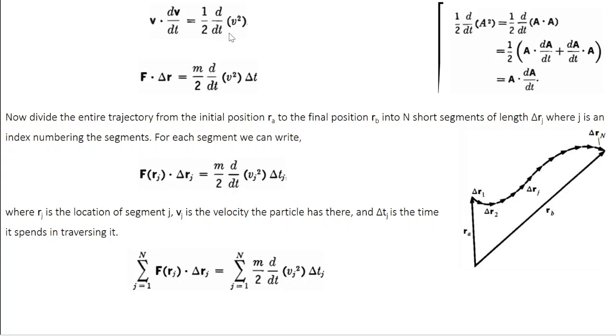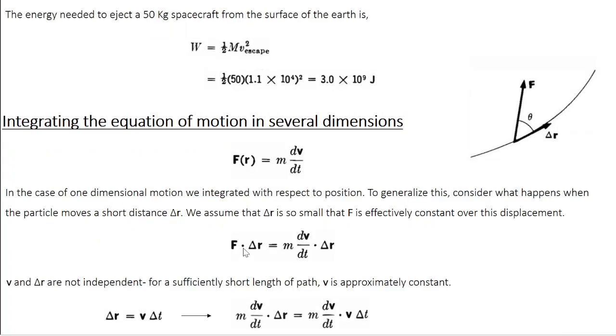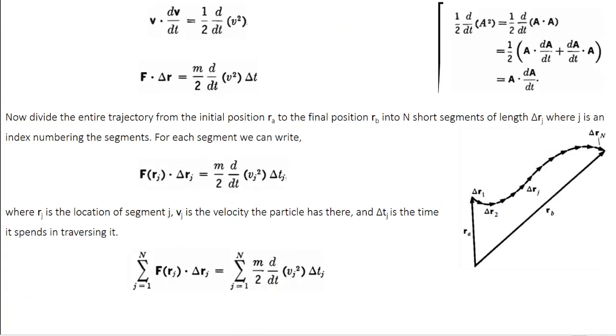Now let's put everything back into our original equation. On the left hand side I have F dot delta r. On the right hand side, after doing all these simplifications, I have m by 2 d by dt v square delta t. Remember, originally we are at position A denoted by position vector Ra. Under the influence of the force F of r, we have moved to the final position B denoted by position vector Rb.